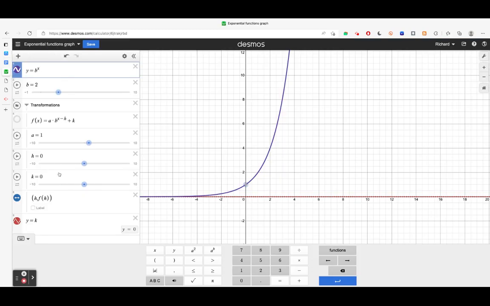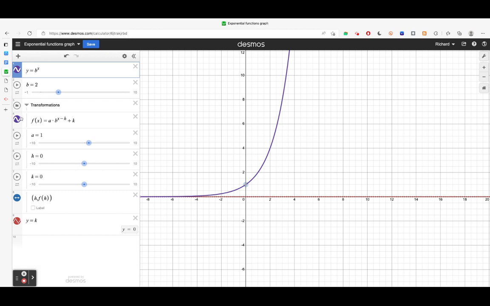If I've got my transformations here, now this color here is going to be the base graph, and this color, oh, it's the same color, oh well, is going to be the new graph, and you can see it's all set up now so there are no transformations at all. So let's change a so that a is equal to 2. Every single point here has been stretched up.